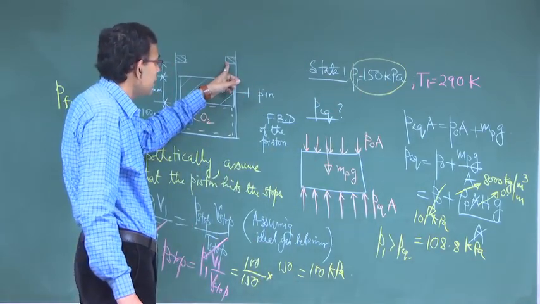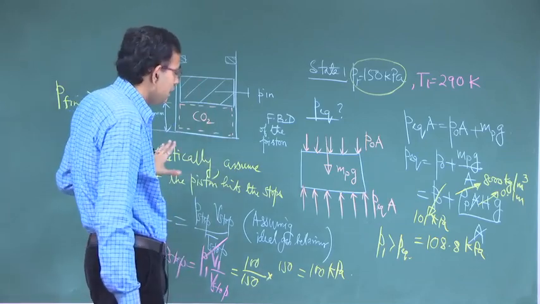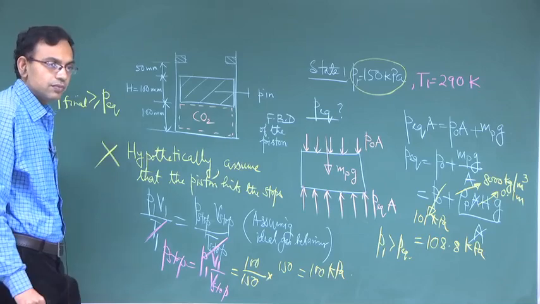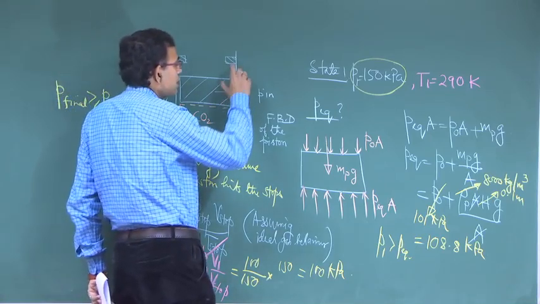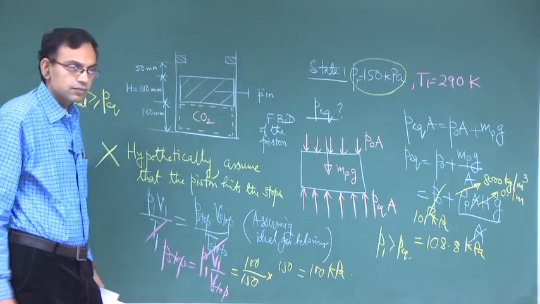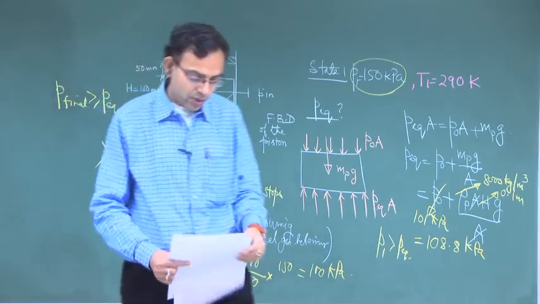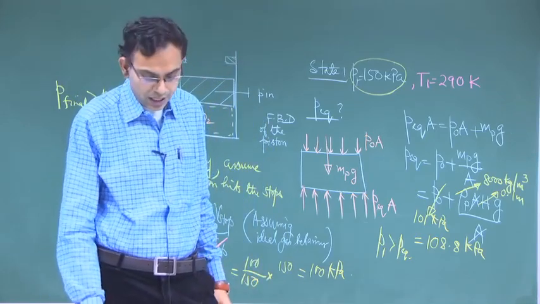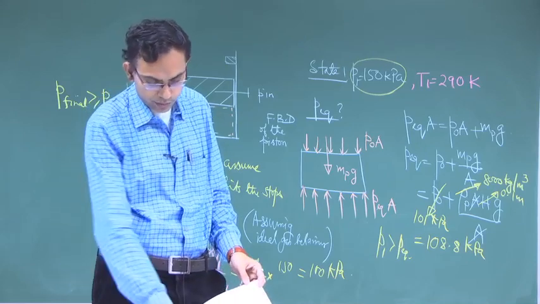When it hits the stops, the pressure inside will build up. None of this is happening, so this hypothesis is wrong. That means the piston does not hit the stops. Okay, so that is the answer to this problem. The problem asked, is the piston against the stops? The answer is no, the piston is not against the stops.